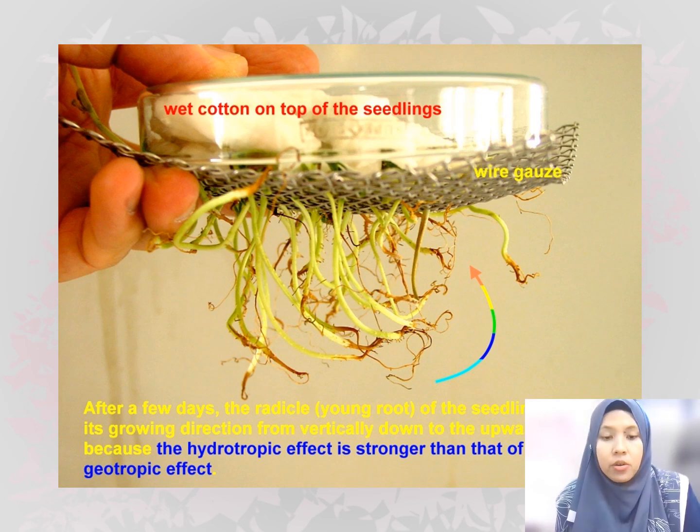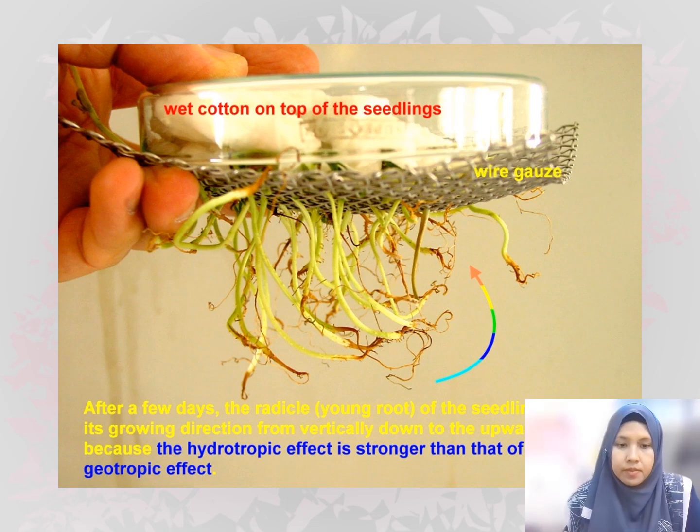They were already going down towards the gravity, but when they feel a need for water, the hydrotropic effect is stronger, and they turn the roots from going towards the gravity to turning to the water.